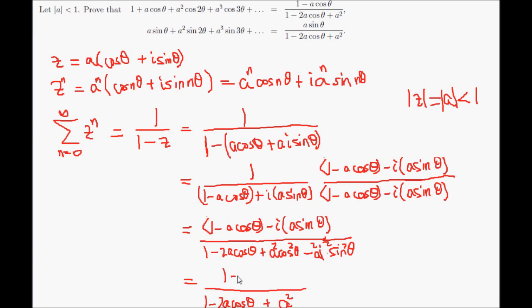The real part is 1 minus a cosine theta plus I times... I realize I made a mistake, so rather than redoing this whole video, the mistake is that this should have been a minus here, whereas this should have been a plus.